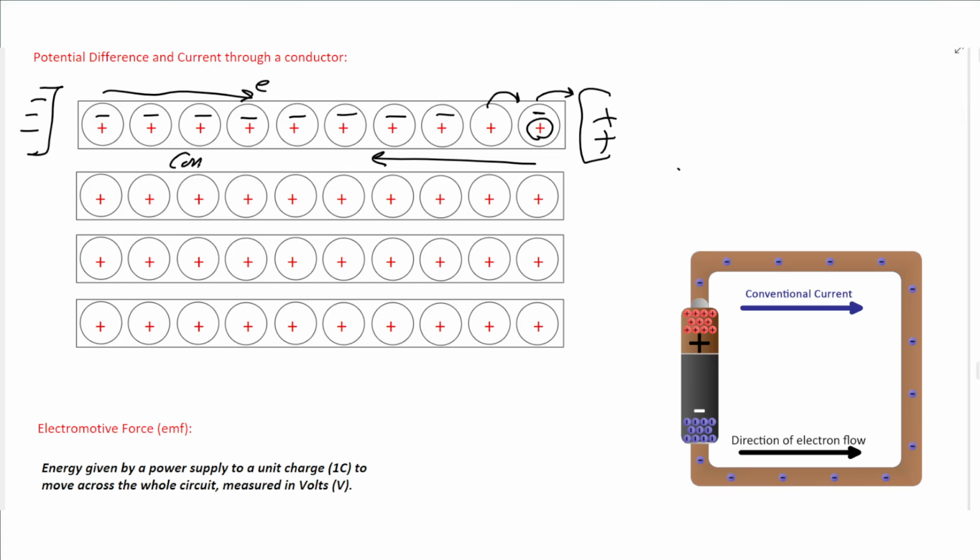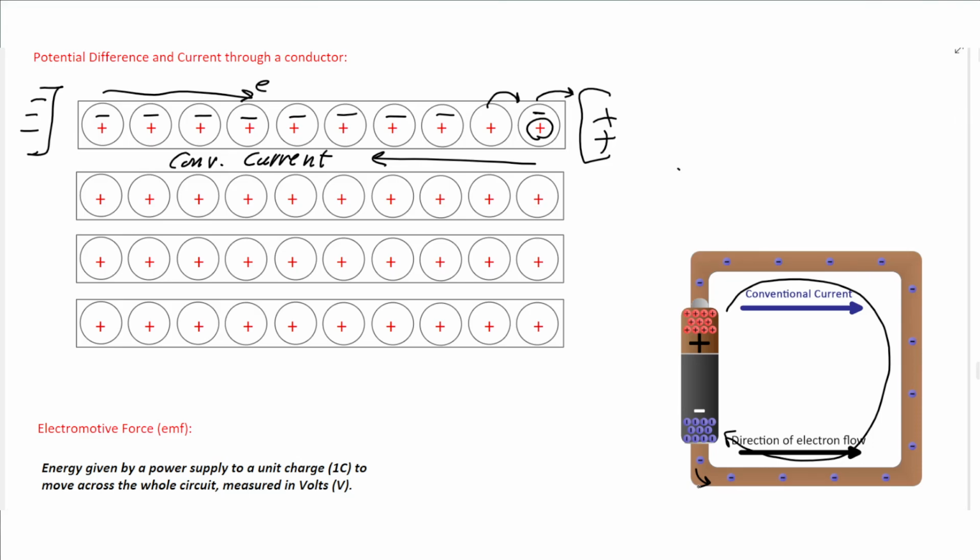This is called conventional current. So in any circuit, if you have a battery that has a positive terminal and a negative terminal, the conventional current flows from the positive to the negative, but the electrons move in the opposite direction. Electrons flow from negative to positive, current flows from positive to negative.